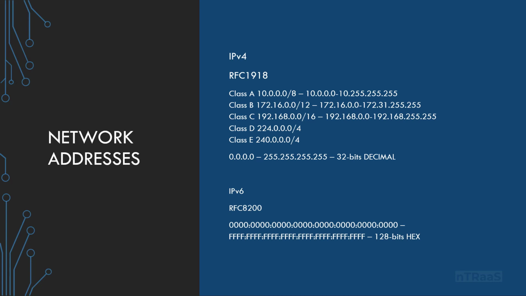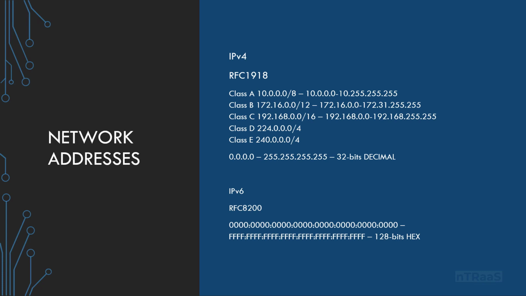So keep that in mind. You can subnet these as much as you want as long as they stay within the range. Now, to drive a point home, 0.0.0.0 through 255.255.255.255 is 32 bits of decimal notation, 256 in each octet, 0 through 255.